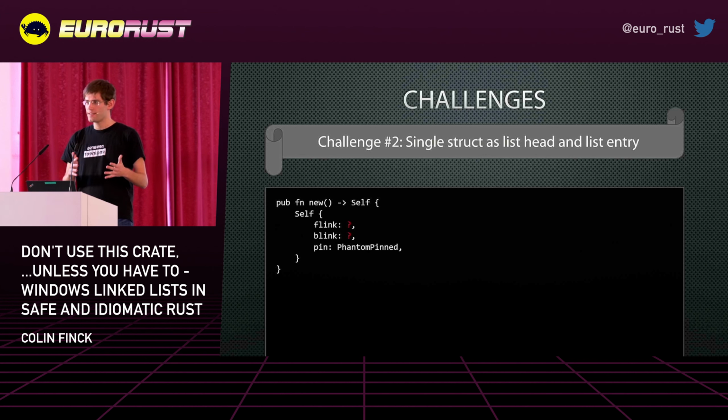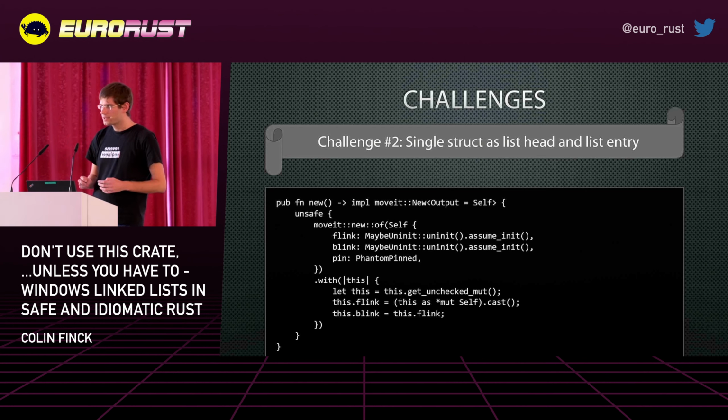It should be initialized right when I return the list head from new. But I can't self-reference myself from new because I don't know the final address yet. And as soon as I return the self structure, it gets automatically moved. So what can I actually put here for Flink and Blink to self-reference?